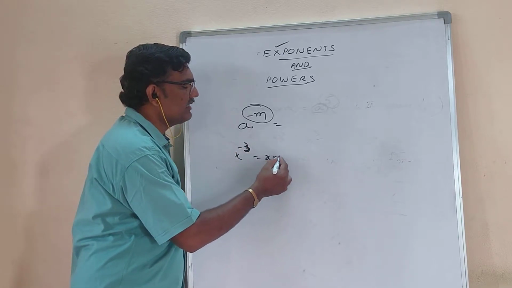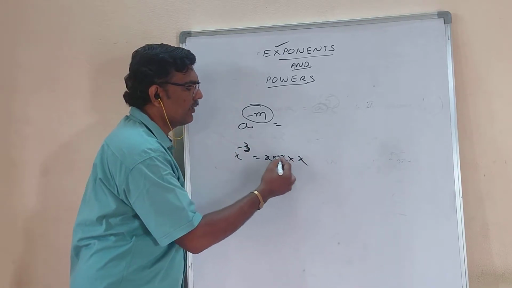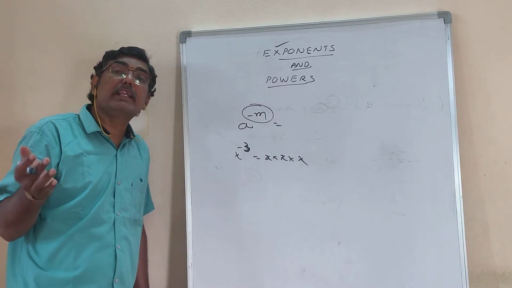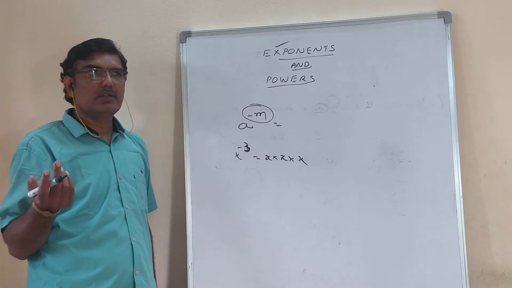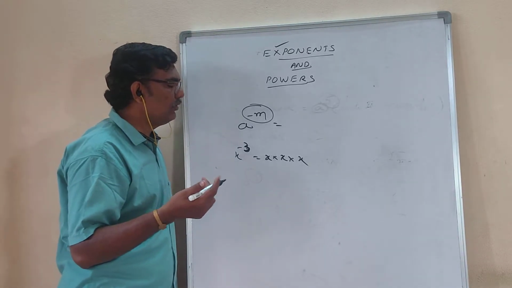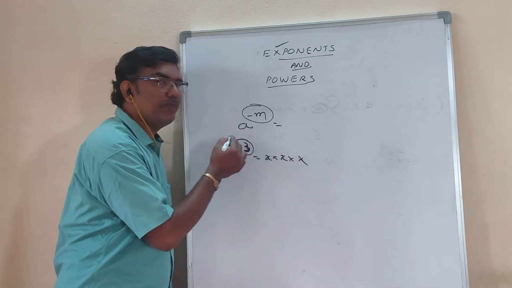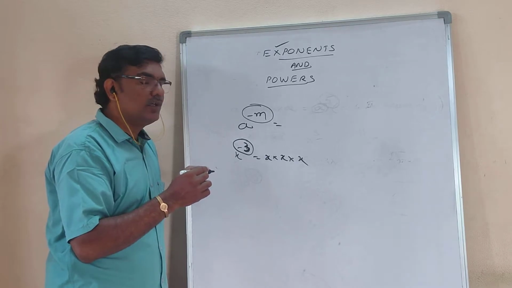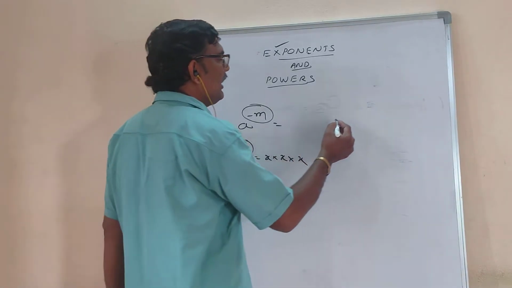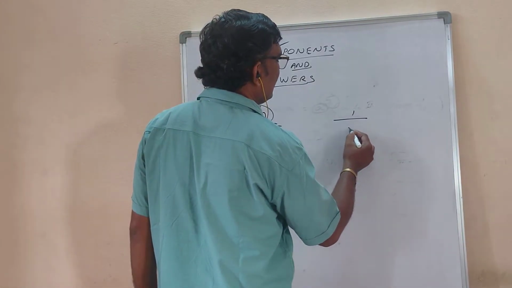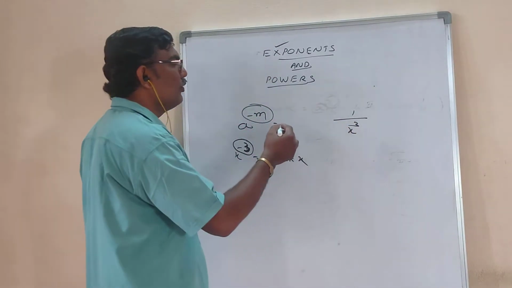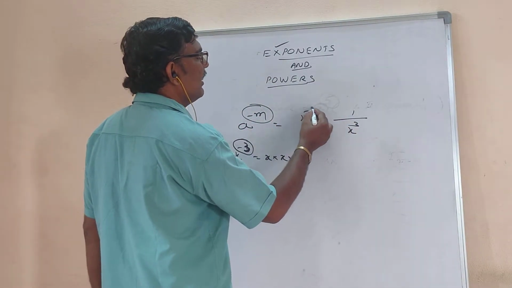You can write x 3 times, but how can you write minus 3 times? You can't, no? So what you have to do, in the power, if you see minus, is keep the entire thing in the denominator by removing the minus symbol.